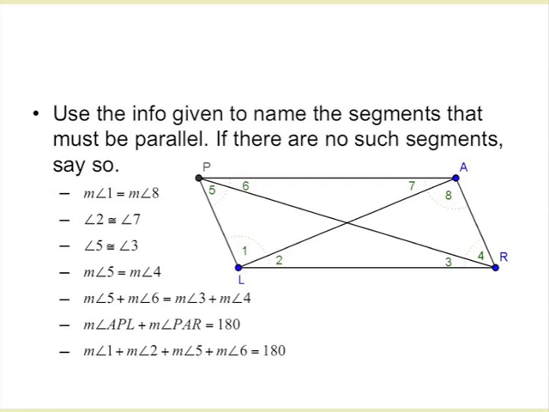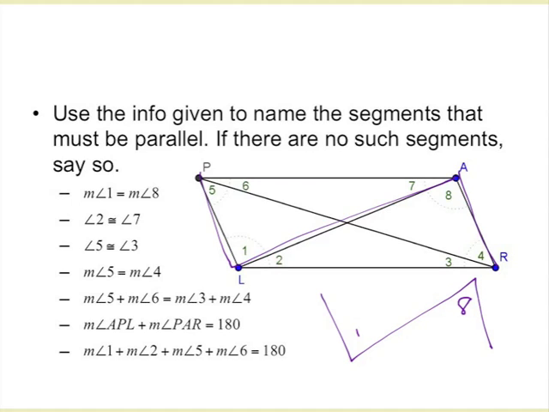So my strong suggestion is to trace out what you're given and see just that part of the picture so you can lose everything that's extra. So for the first one, I would trace out angle 1 and angle 8. And so if I was drawing this in my paper, don't necessarily trace it in your book, but you can just draw out what that would look like if all we drew was angle 1 and angle 8.